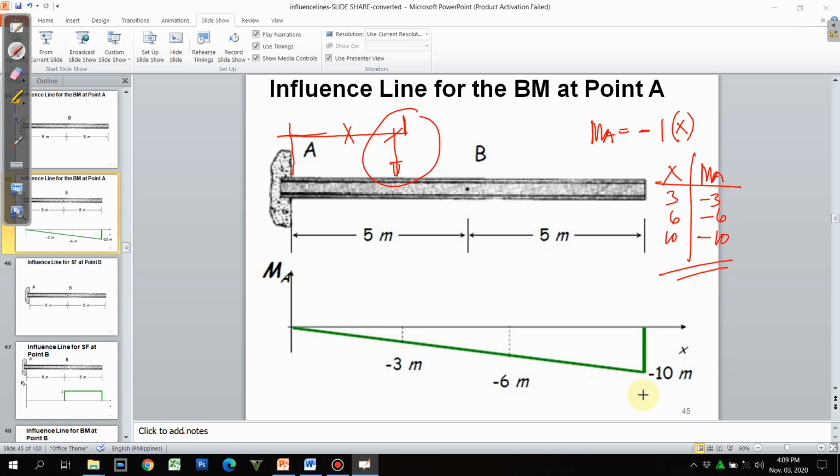So this is the influence line diagram for the moment at E. So a while ago we have obtained when x is 5, we have negative 5 value for that.